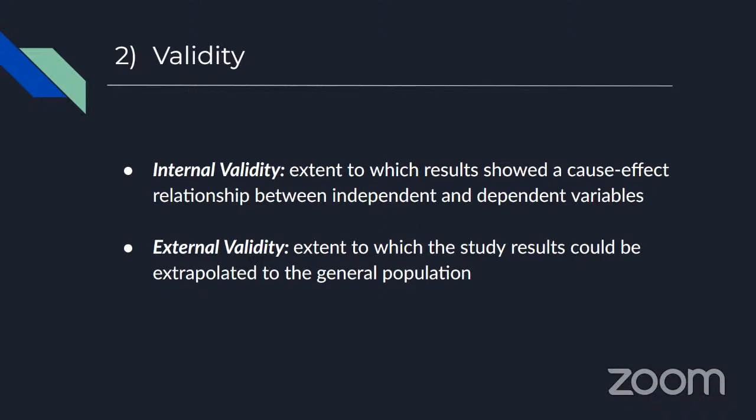Other criteria include demonstrating a strong correlation between exposure and outcome, a dose-response gradient, a temporal relationship between exposure and outcome, and a biologically plausible explanation for the outcome from the exposure. So this is essentially just the one variable being related to another.